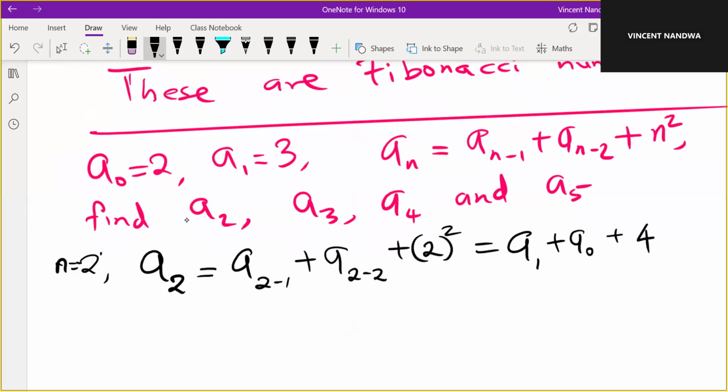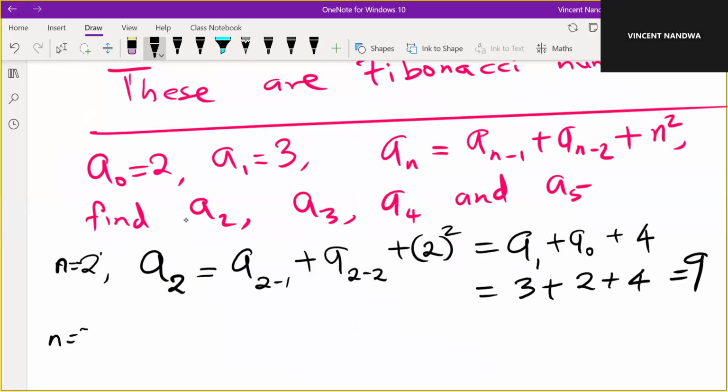Then you just substitute the values of a0 and a1. So a1 is 3, a0 is 2, and the other part gives 4. So when you get the sum, a2 will be 9.